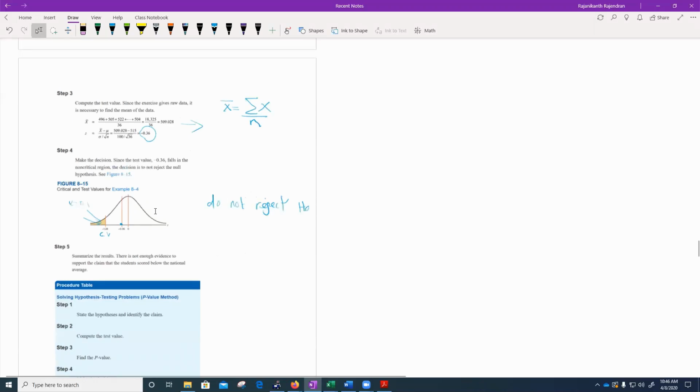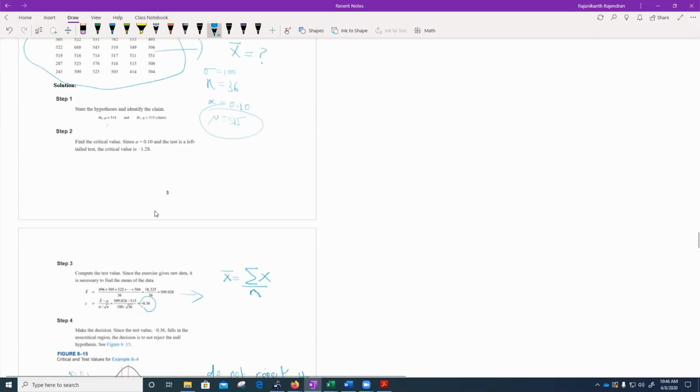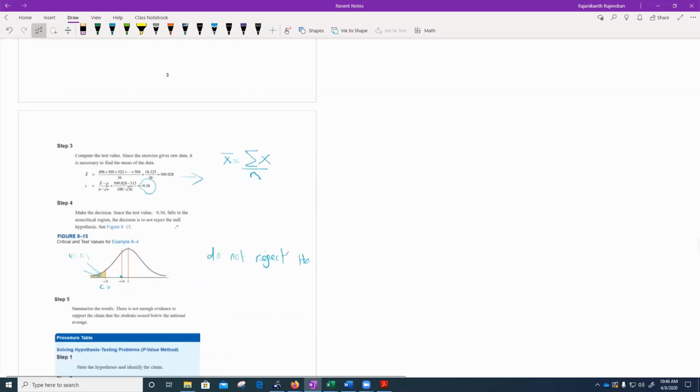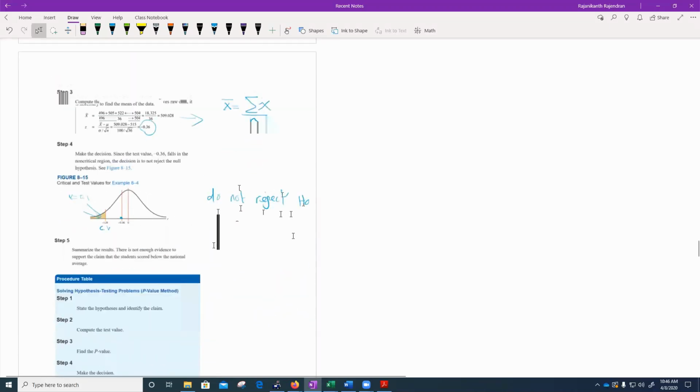That means you cannot accept the claim. Your claim may be true, may not be true, but there is no evidence to accept your claim. So you can't accept your claim at this point because you do not reject your null hypothesis. That is why, if you look at the summary, there is not enough evidence to support the claim, so you cannot accept the claim. Okay.